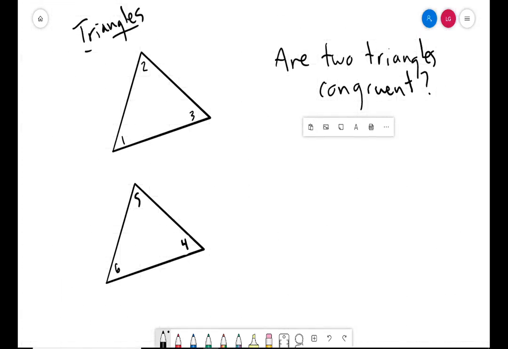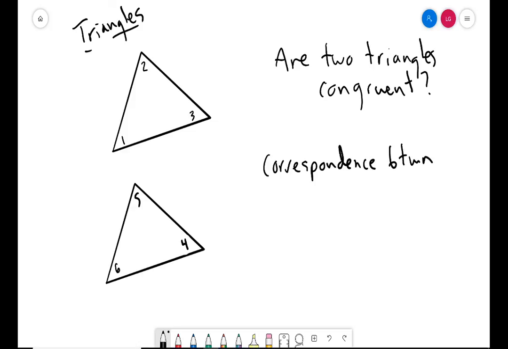We're basically saying something here about correspondence between angles and sides of the two triangles.